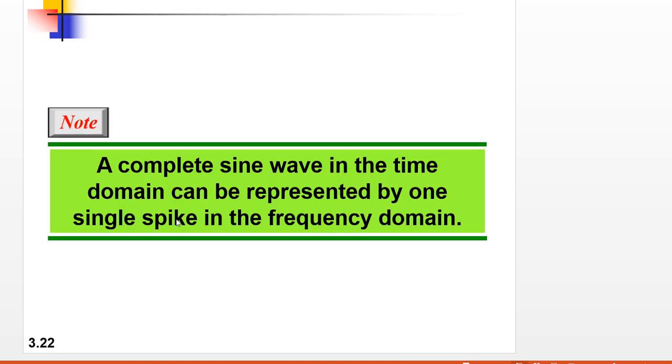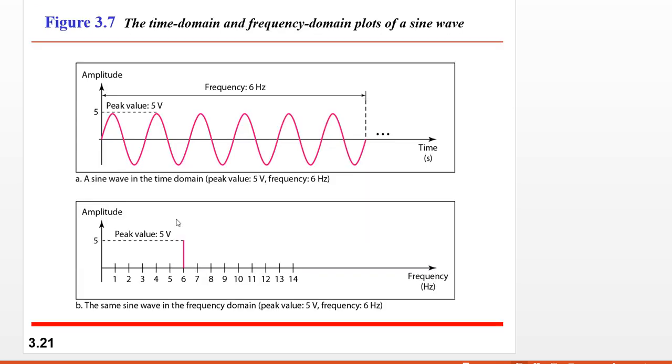You can see a complete sine wave in the time domain can be represented by one single spike in the frequency domain, as I have shown. The above wave has a number of continuous lines, the sine wave with oscillations shown, but below, only one spike can represent the same waveform, correct?